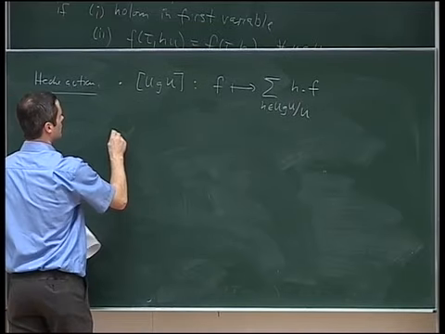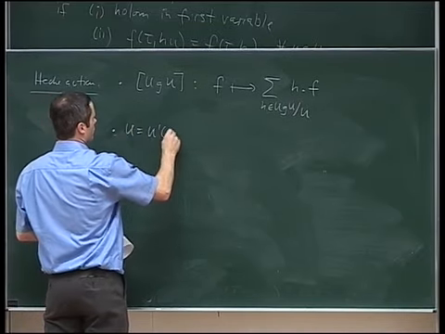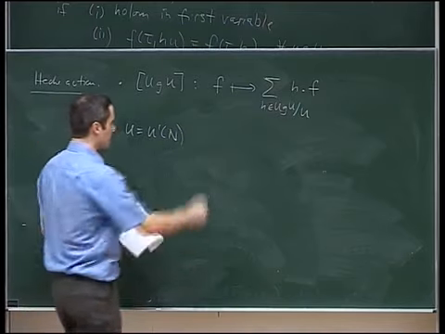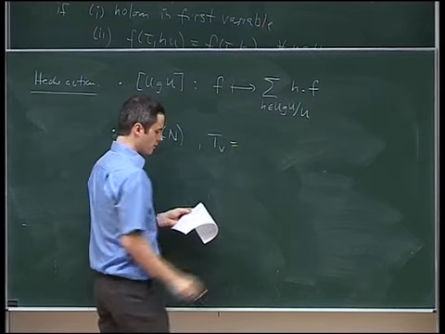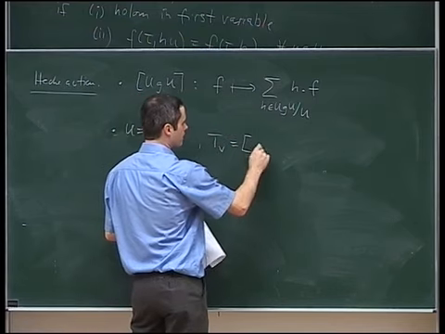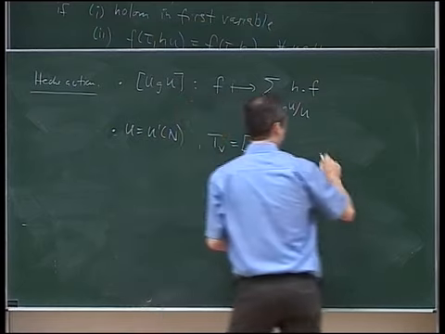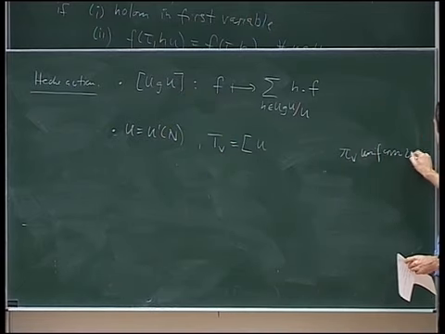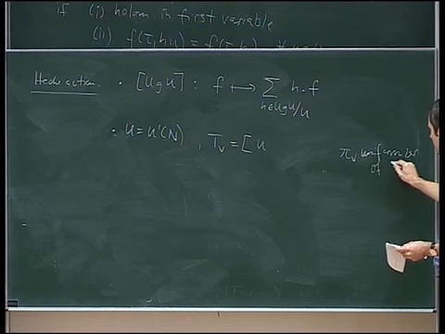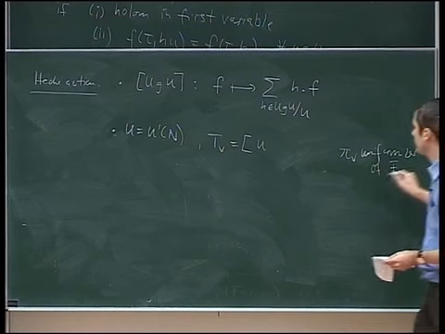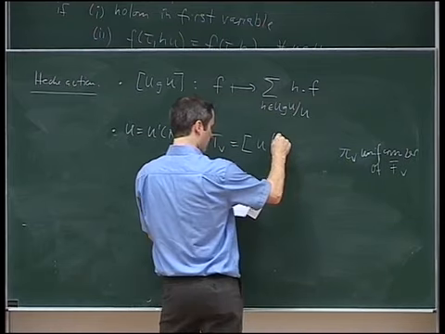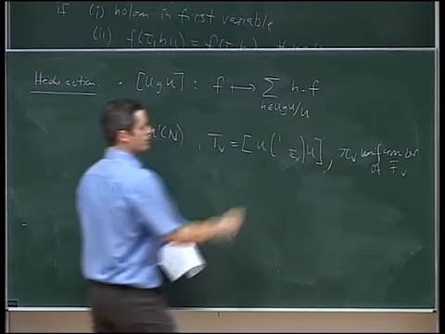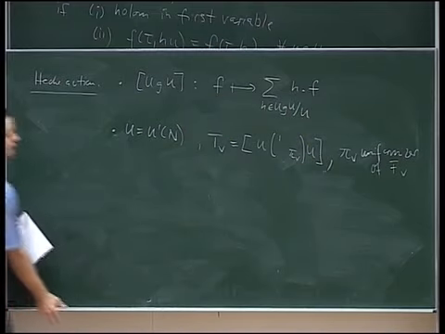And for U equal to this particular congruence subgroup, I make the definition of an operator called T_v. So for pi_v, a uniformizer of F_v, it's the action of the double coset given as follows.